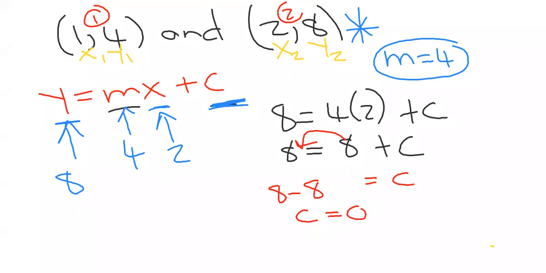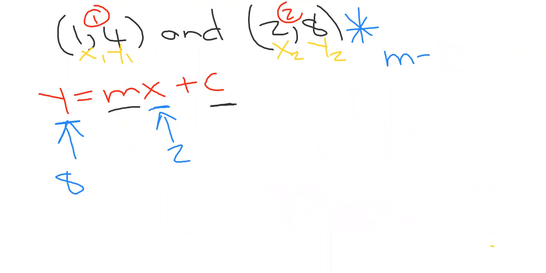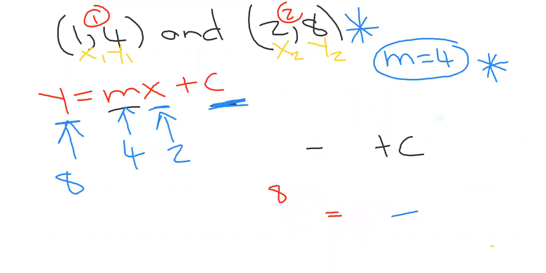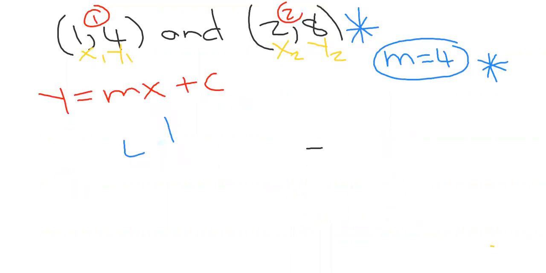So our c is equal to 0. Now you have your value of c and your value of m, so take those values and go back to your equation and substitute them.